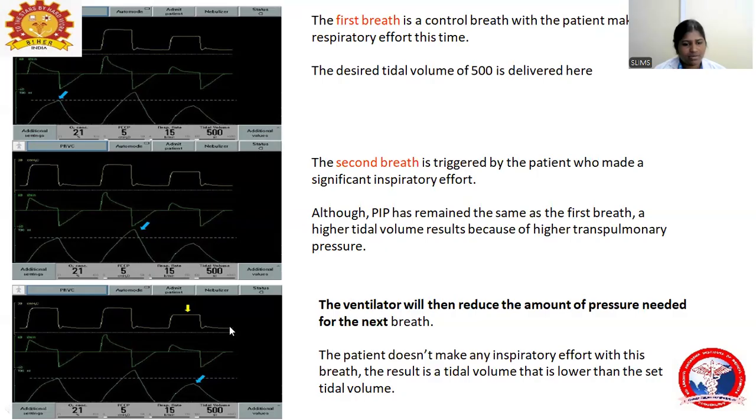So the ventilator will analyze that the patient has taken the breath, and it will decrease the amount of pressure for the next breath. If the patient does not make any inspiratory effort with this breath, the result is a tidal volume that is lower than the set tidal volume because it has analyzed the last breath which the patient has taken.